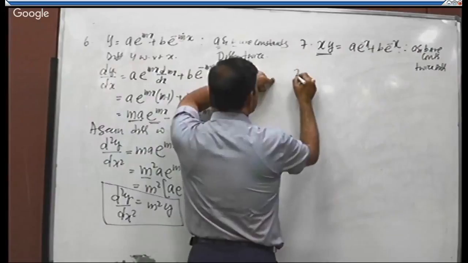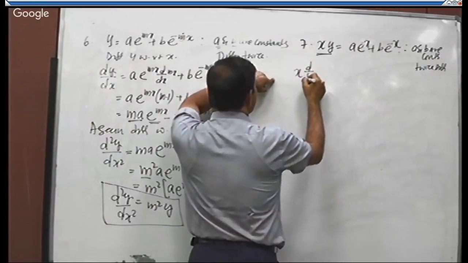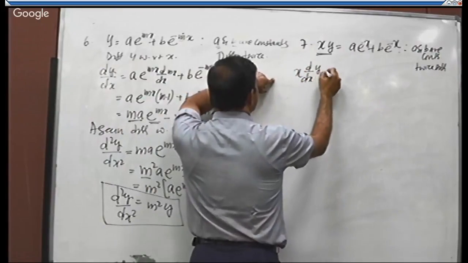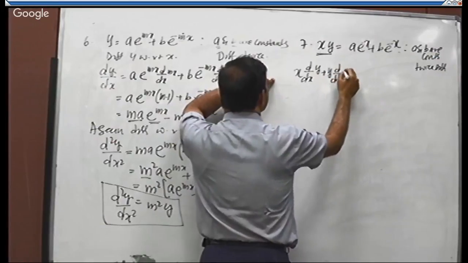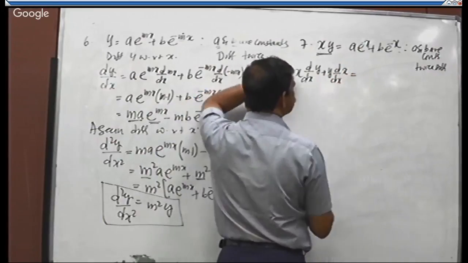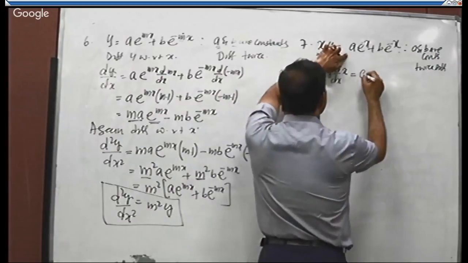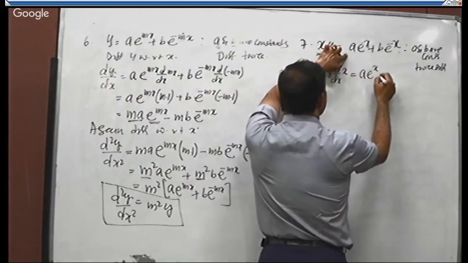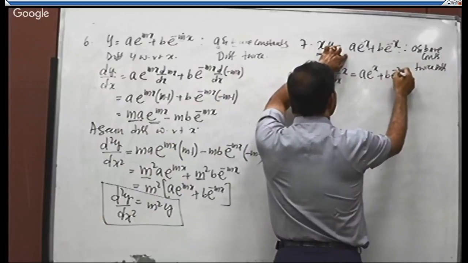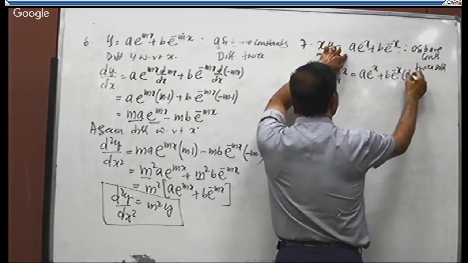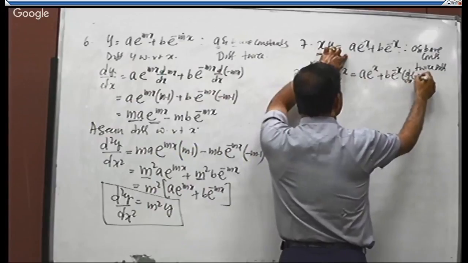Product rule says: first function into dy/dx of second plus second function into dy/dx of first is equal to a into e power x, whose differentiation is e power x, plus b into e power minus x, which is e power minus x into d/dx of minus x.